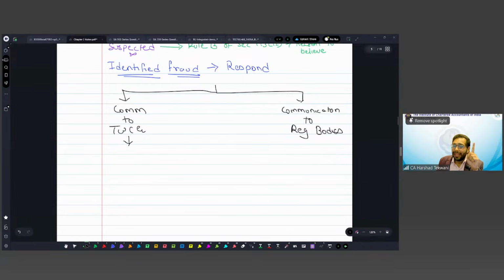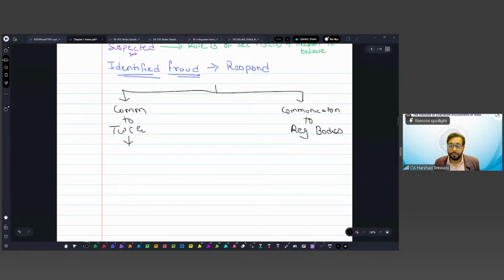But there is one particular scenario where I will not communicate to the management about fraud. Which is that area? If the fraud committed is for an amount less than 1 crore rupees? No. A scenario where I will not communicate to the management about fraud.